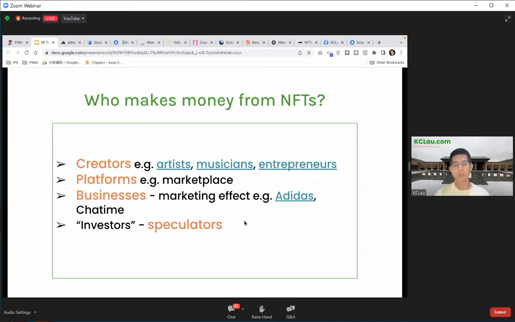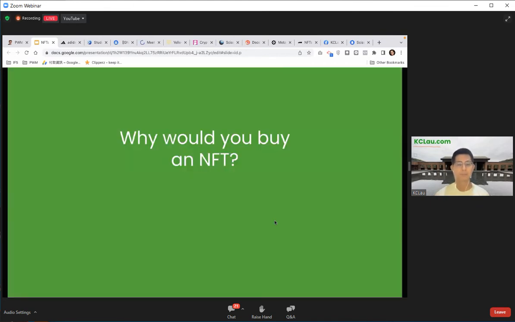So I call them speculators. They basically speculate on the market. Of course, like the one who bought NMV music and tried to sell it at a higher price, if somebody buys that, then he's going to make that money. So these are the 4 groups of people who actually make money from NFTs.